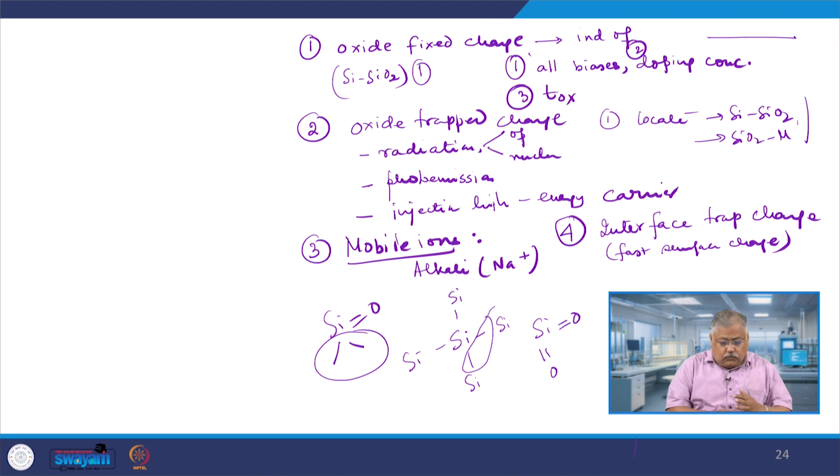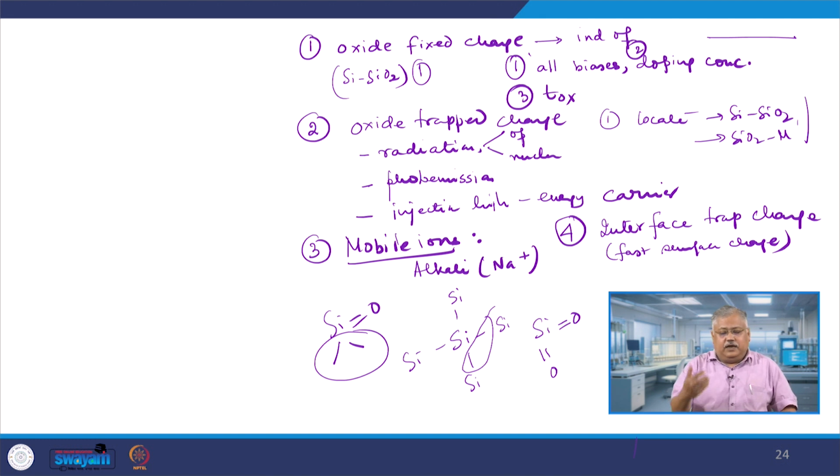Now, what has happened over the years, this is a traditional way of looking at the MOS structure. Because of our maturity in fabrication procedure, which is VLSI technology, many of these charge carriers have been reduced drastically to a lower value.